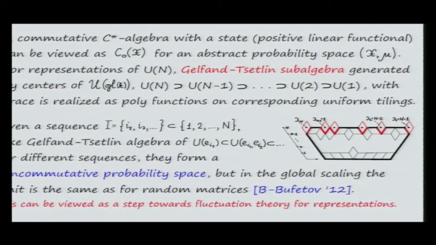The two, one with the canonical ordering, or with the non-canonical ordering, now they won't commute. So these subalgebras won't commute, so they don't form a classical probabilistic space, but they form a non-commutative probabilistic space in the sense that the operators have trace on them. You can multiply them and take trace of what you get. And so the question of the asymptotics still makes sense.